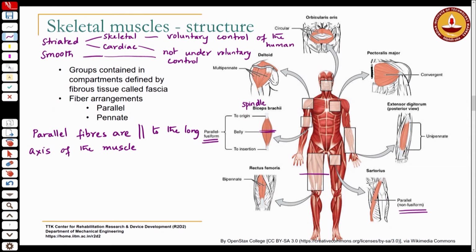Then you also have some muscles known as the flat muscles. For instance, these muscles here, this is not marked in this figure, but you have essentially muscles that, if this is how they are attached, the fibers go like that.